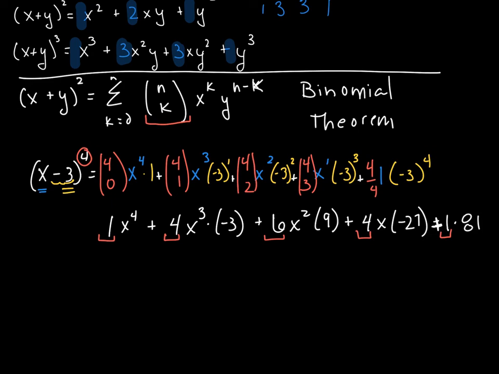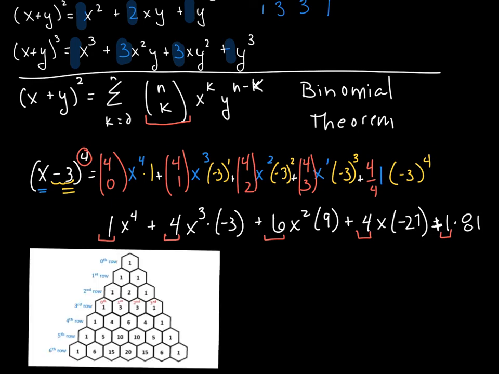There's another place I can find that, and that other place is just Pascal's triangle, right? So it is the 4th row, which is 1, 4, 6, 4, and 1. And I use the 4th row because I'm expanding this, and n is equal to 4.